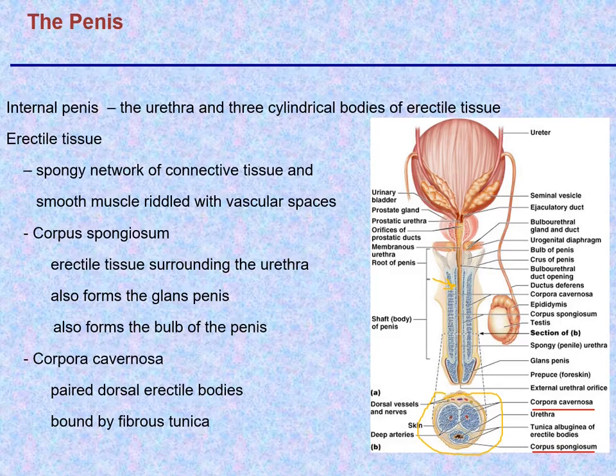So at the bottom there, you're seeing the cross section of the cylindrical shaped spongy connective tissue. The two on the superior surface are called the corpora cavernosa.